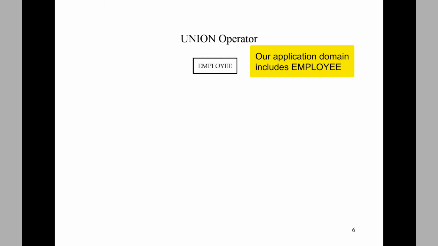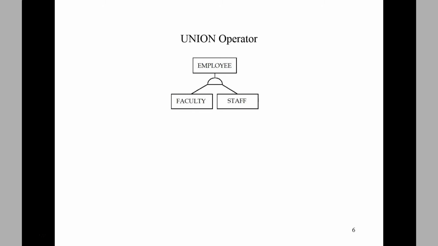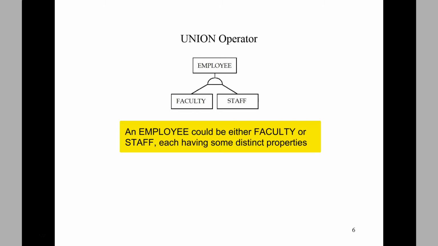Furthermore, we recognized that there were two distinct versions of employee. We could have faculty, whose role in the institution would be to teach classes and advise students. But we could also have staff, whose general role within the institution is to perform various administrative functions.